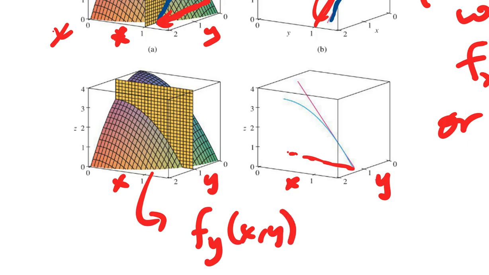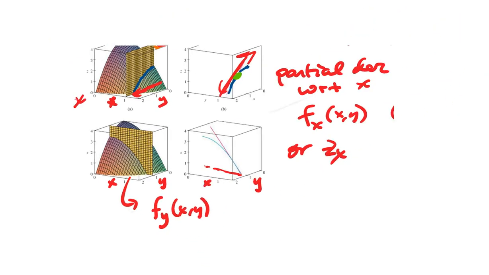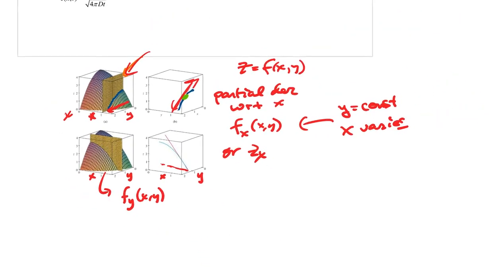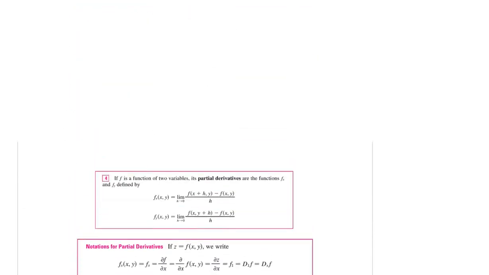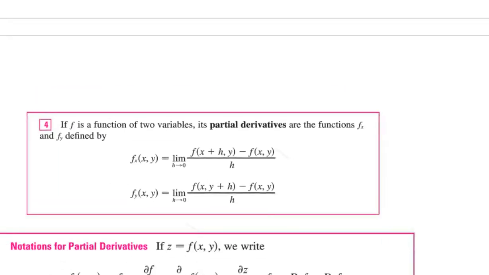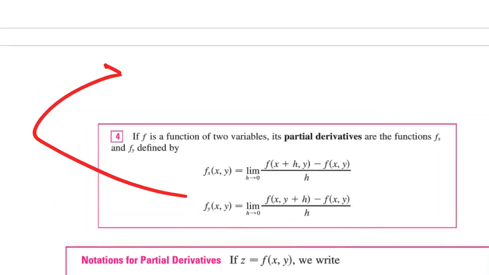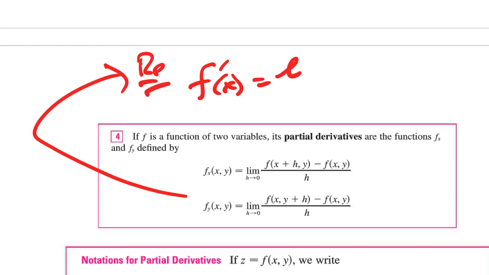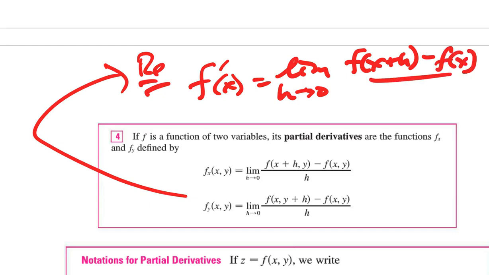All right. So the question is, well, how do you do that? Well, there's a limit process to all of this, which I'll let you look at in the book right here. So recall from Cal 1, the derivative with respect to x is the limit as h goes to 0 of f of x plus h minus f of x, divided by h.